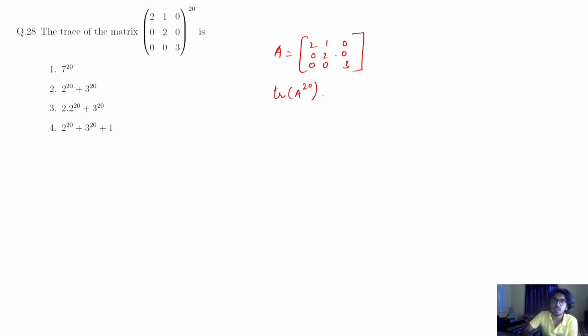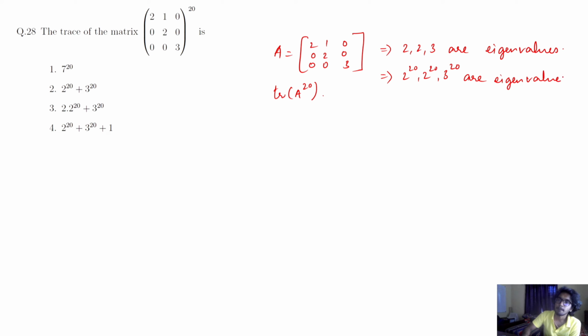Since A is an upper triangular matrix, what do you get? 2, 2, 3 are eigenvalues, right? If this is so, 2 power 20, 2 power 20, 3 power 20 are eigenvalues of A power 20.